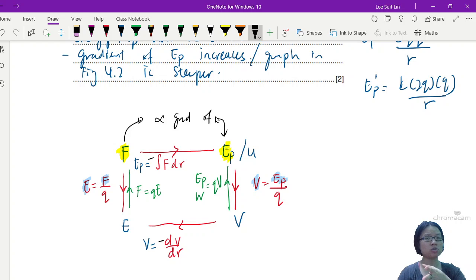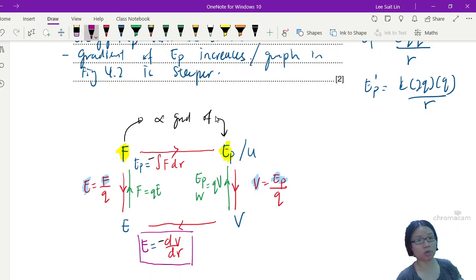So if you're familiar with this, you can slowly work your way back. Okay, so we started off with this one. Electric field strength is potential gradient. And then we work our way backwards, because this is what they asked us to do in part 1. Alright, so hopefully that's helpful.